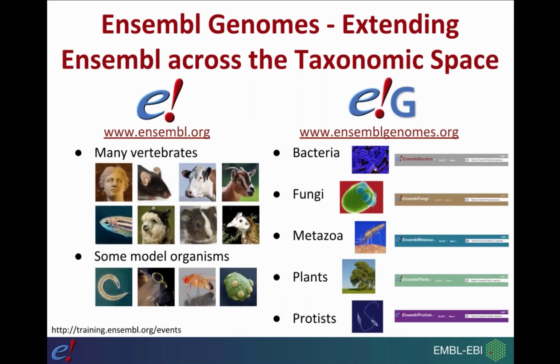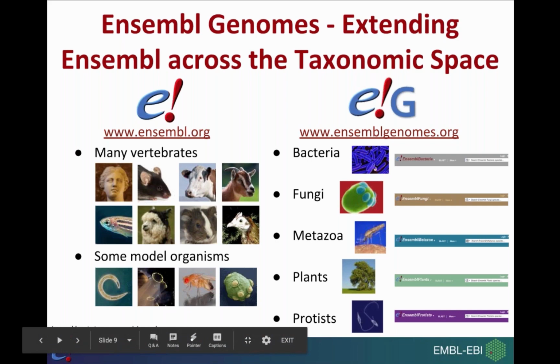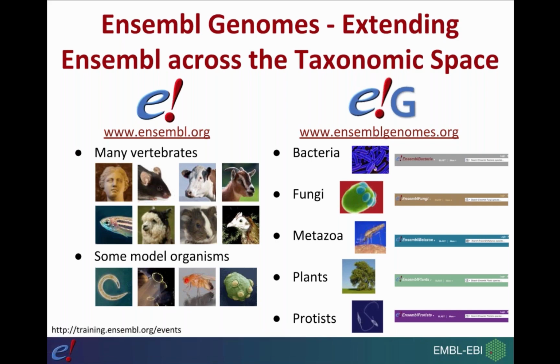In addition to this, we also have a sister site, which is called Ensembl Genomes, and this extends Ensembl across the taxonomic space. This sister site, ensemblgenomes.org, is separated into 5 mini sites for bacteria, fungi, metazoa, plants, and protists.